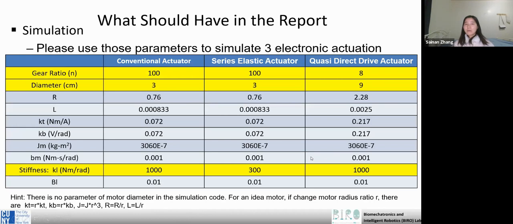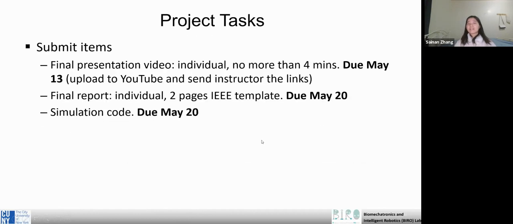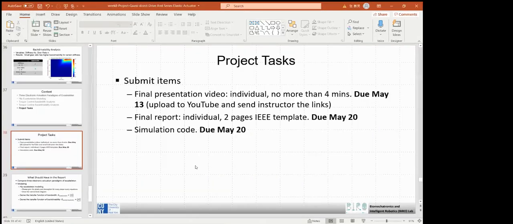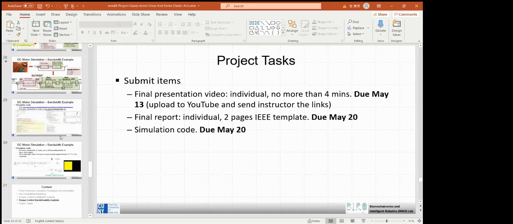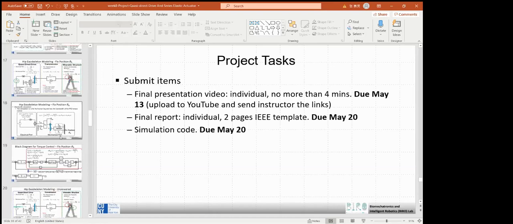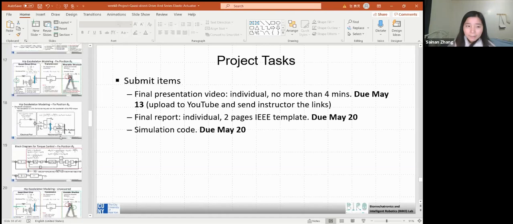Do you have any questions about your project tasks? Professor, could you go back to the block diagram model in Simulink? Okay.